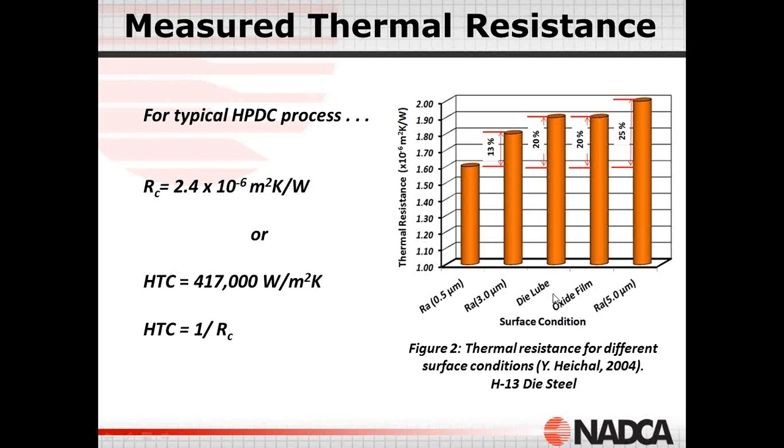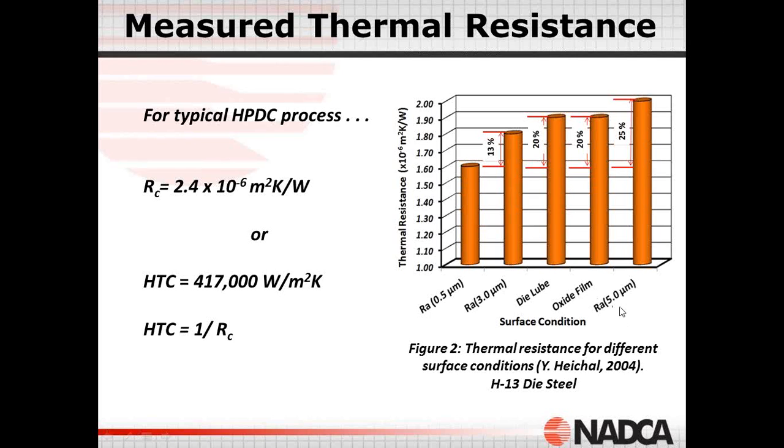And we noticed in the experiments and the measurements that die lube actually plays a significant role in increasing that interface resistance, as well as oxidation on the liquid metal surface.